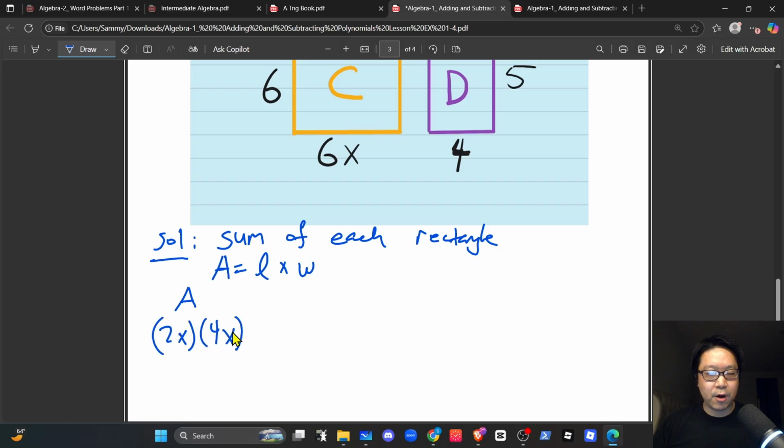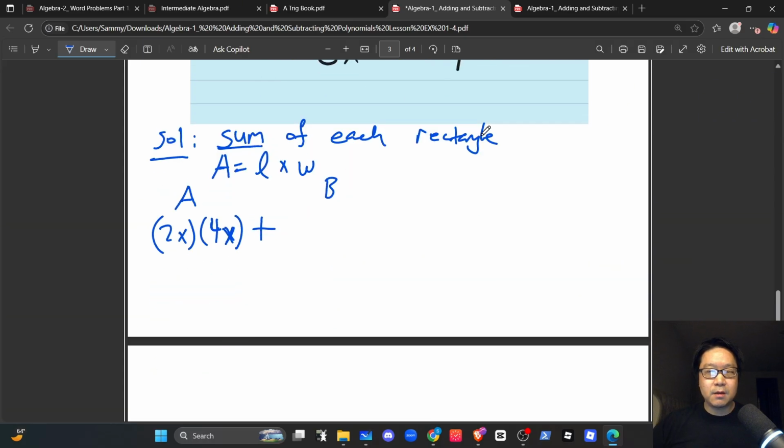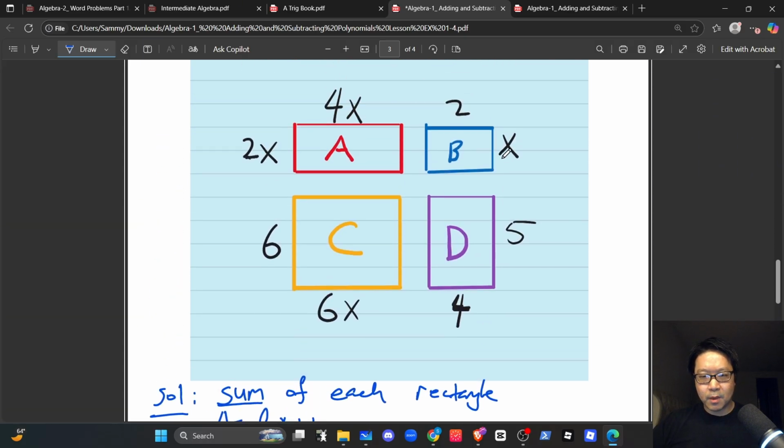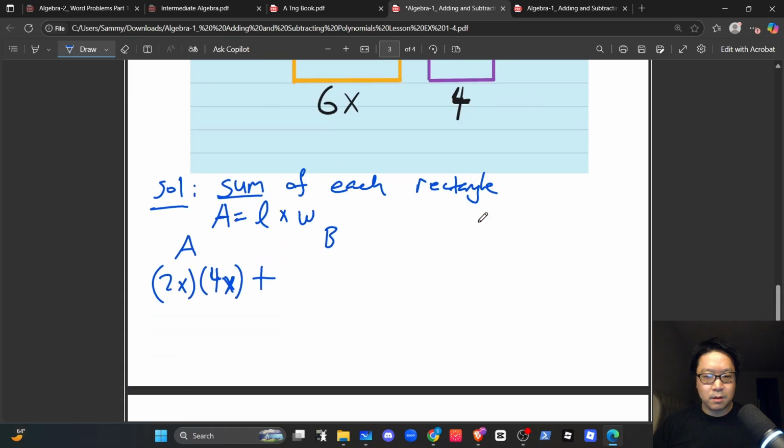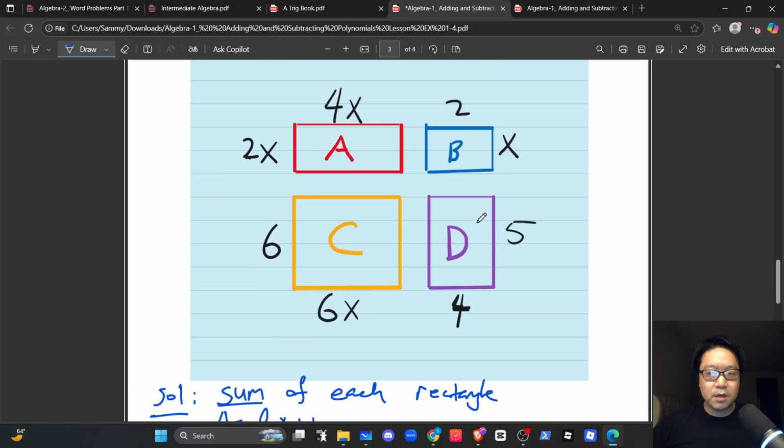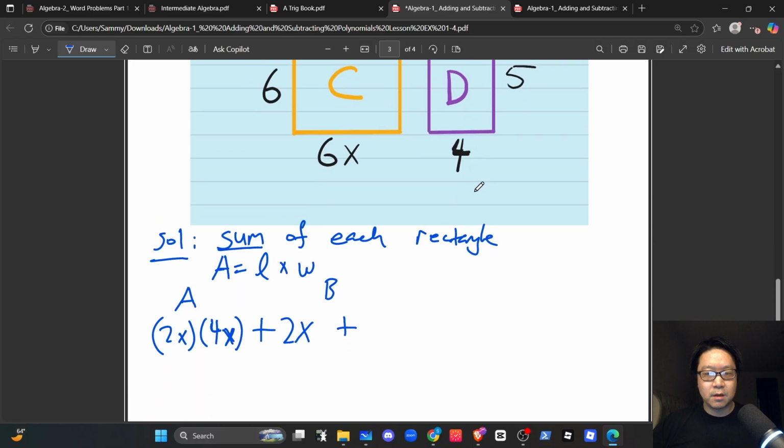That's the area of A. And recall that we're finding the sum of each rectangle, so I'm going to write a plus. For rectangle B, we have 2 and x. So 2 times x is just 2x. That's your B. And then for C, we have 6 and 6x.